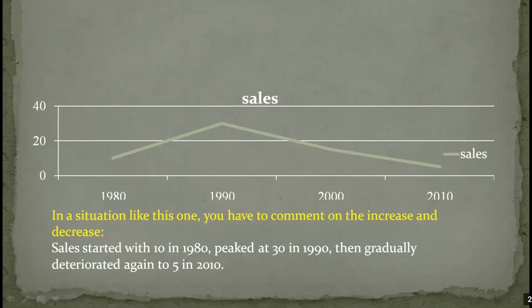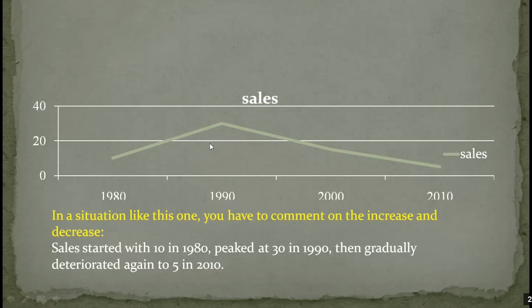Okay, how about this situation? You can see that the sale started at around 10 in 1980, increased to almost 30 in 1990, and then decreased to about 15 in 2000, and then decreased to 5 in 2010. Are you also going to do the same thing that we did in the previous line graph? You're going to comment on the starting point and the end point? Obviously not. This seems to be different.